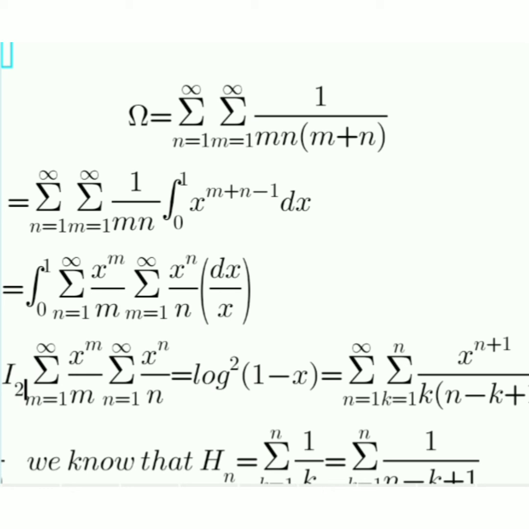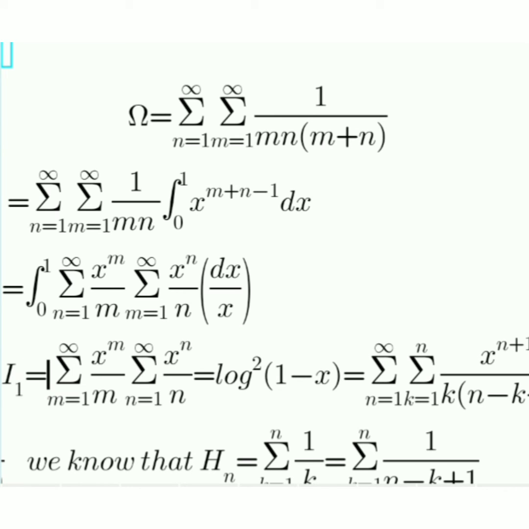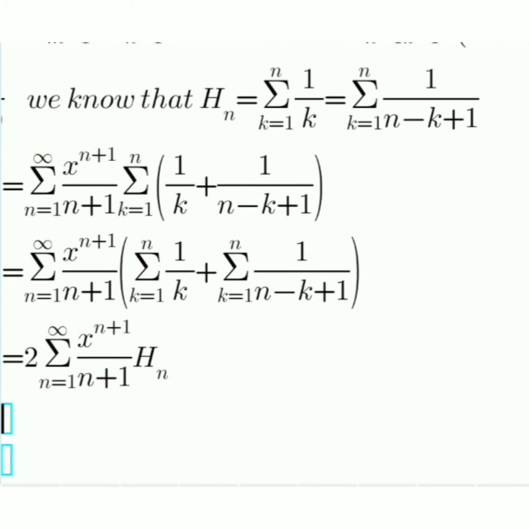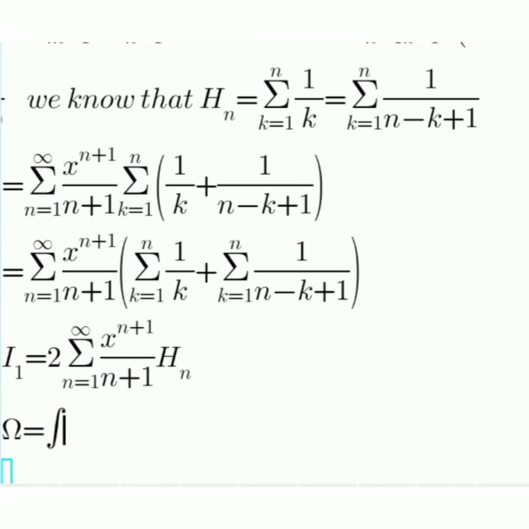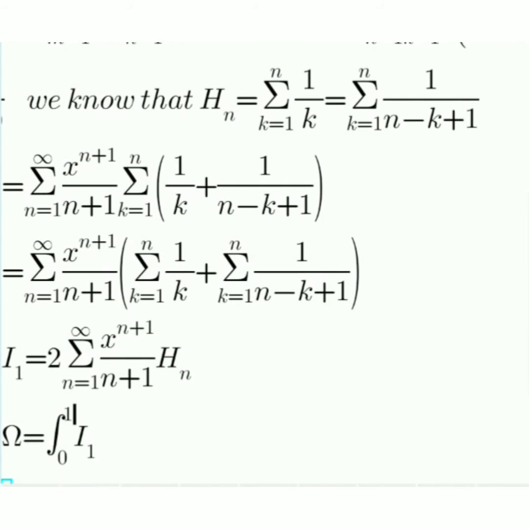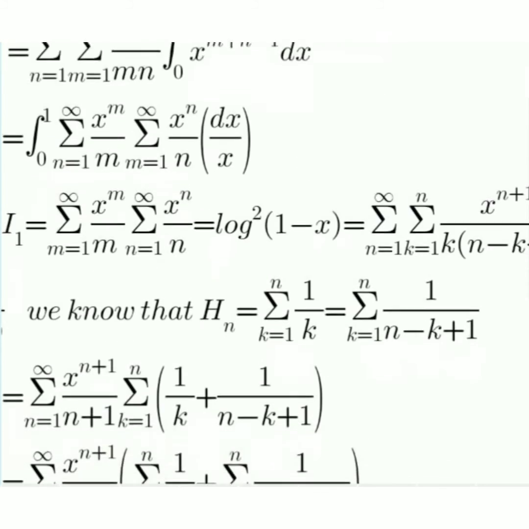This is my I1 value, and our problem is omega, which is equal to the integration of I1 from 0 to 1, dx by x. This is my omega value, friends.